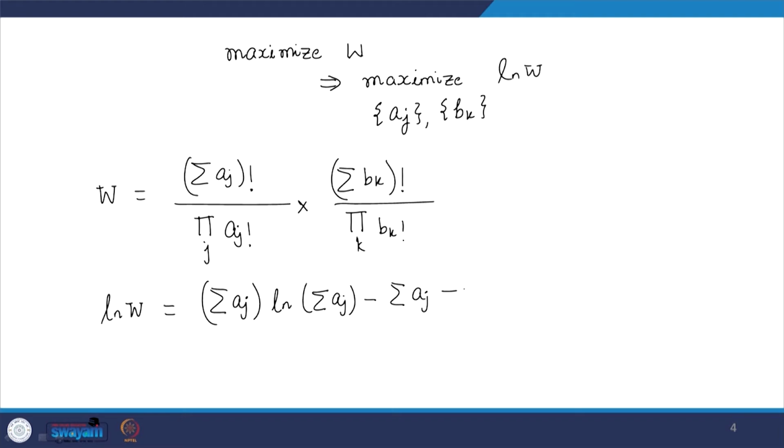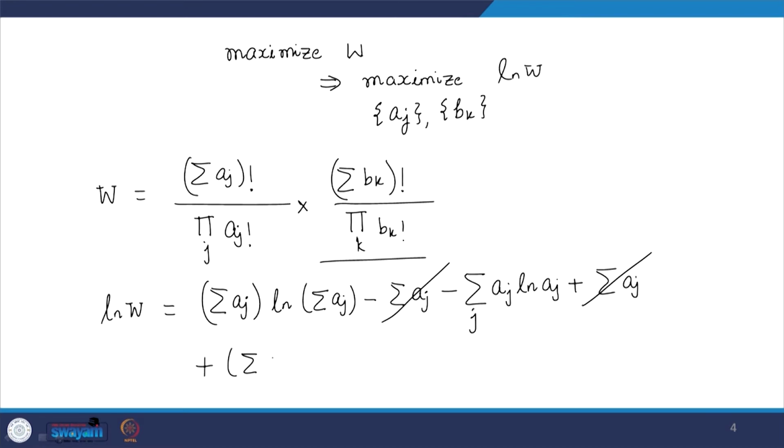And this minus for the numerator, we will have the summation over A j ln A j plus summation over A j. So, basically again you will have cancellations, and then you will have the same quantities for the second expression, that is we will have summation over B k ln summation over B k minus summation over B k minus summation over k B k ln B k plus summation over B k.